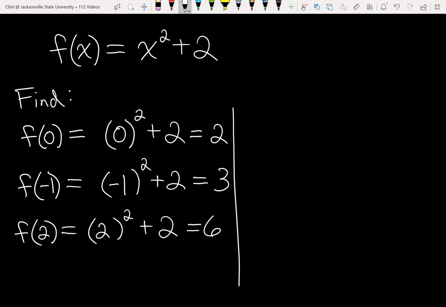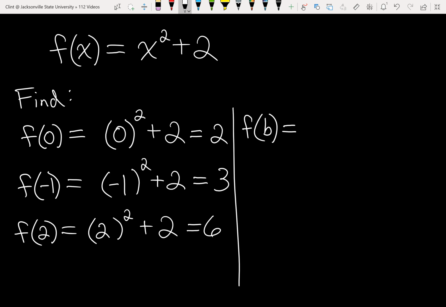Now, some people are okay with evaluating at numbers, and then they get confused if you throw a letter in there. So let's think about one of those. What if we're told to find f of b? It's the exact same process.